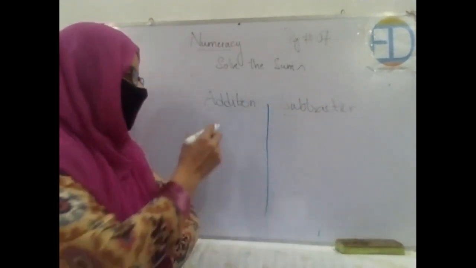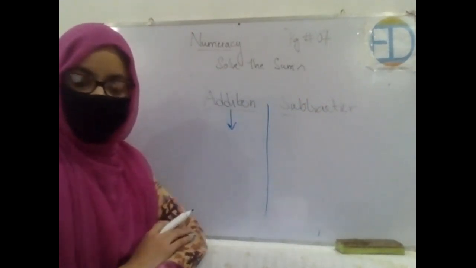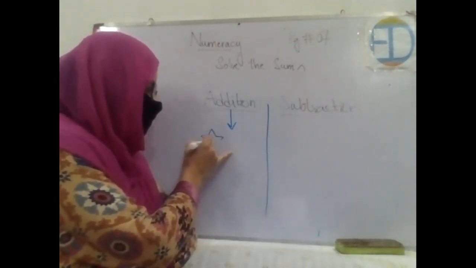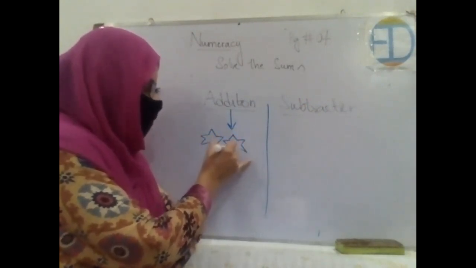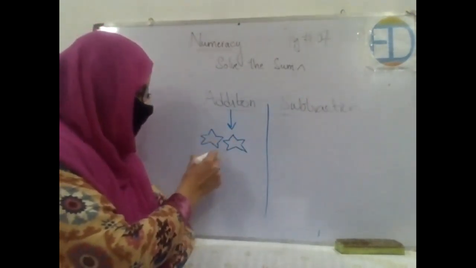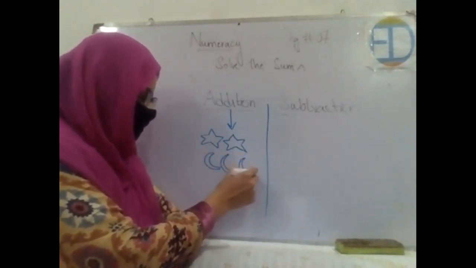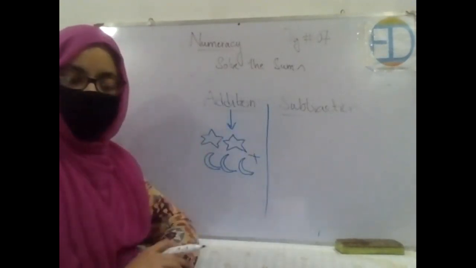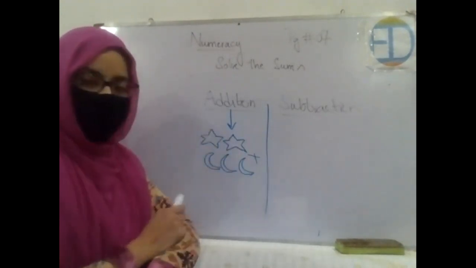So what do you understand by the term addition? Let's say I have two stars and three moons. If I want to add them, what basically am I doing? What does addition mean over there?